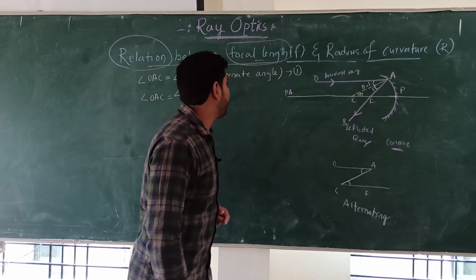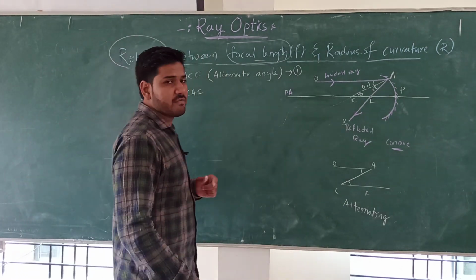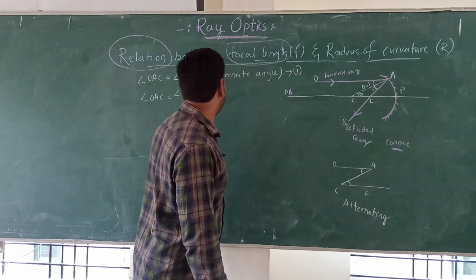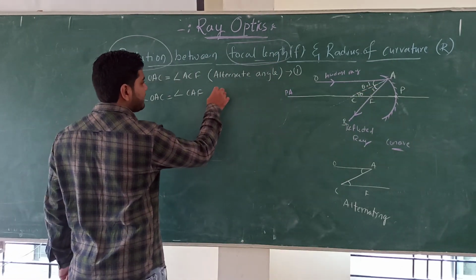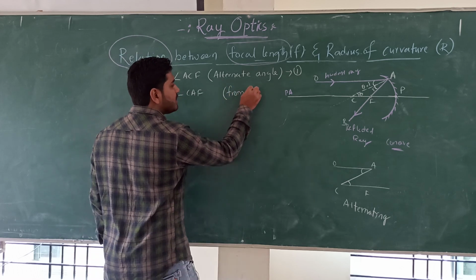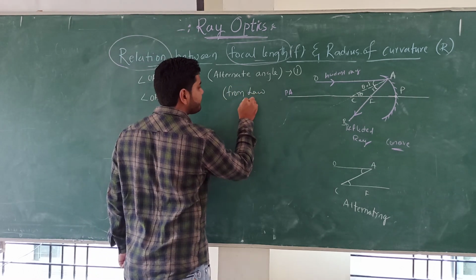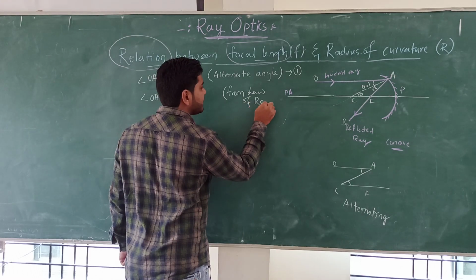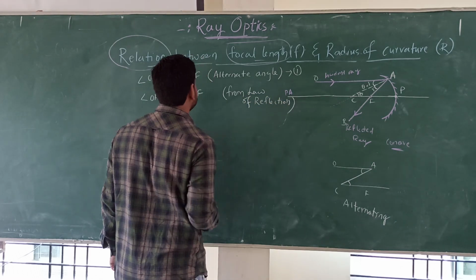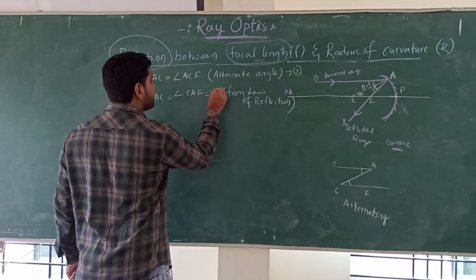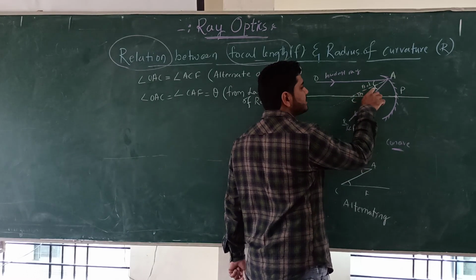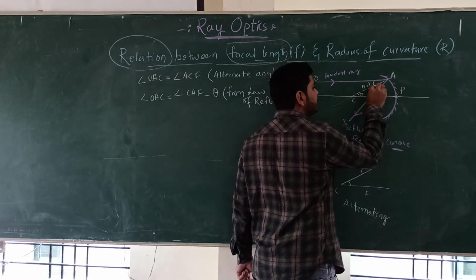The first law of reflection says the angle of incidence is always equal to the angle of reflection. So from the law of reflection, again I am taking it as theta. Therefore if this is theta, then this angle will also be theta.